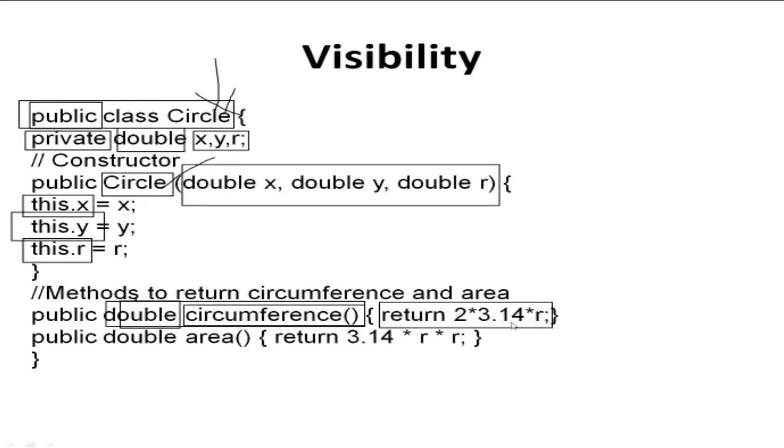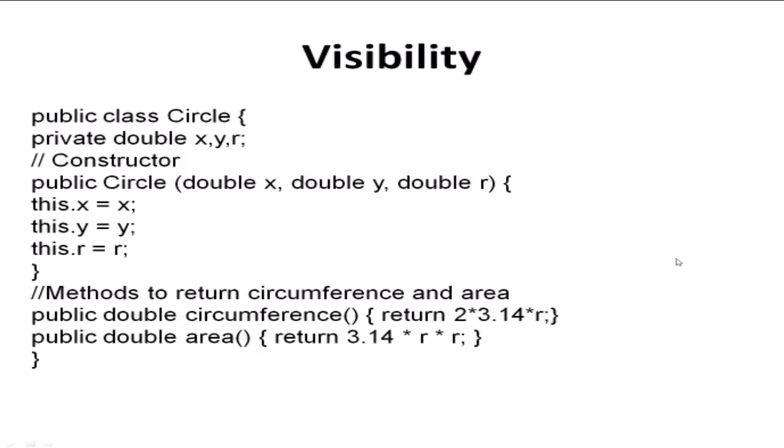Pi value is 3.14. 2 into pi into r. That needs to be written in the circumference method. Next, double area. It is going to return the value pi r square, that is 3.14 into r into r. So like that we are going to check.